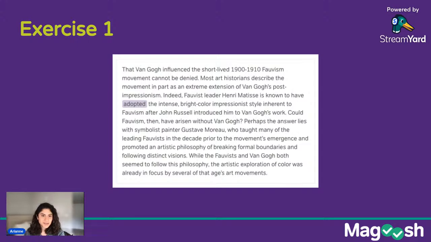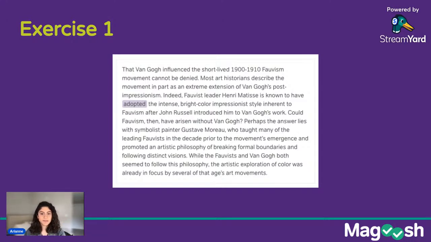We have adopted, so we should read not only the sentence where adopted is, but we should read either a little bit before, and if that's not enough to give us enough context, then we should read a little bit after. So we see here that adopted is in the sentence that starts with indeed. We can go up to most art historians.